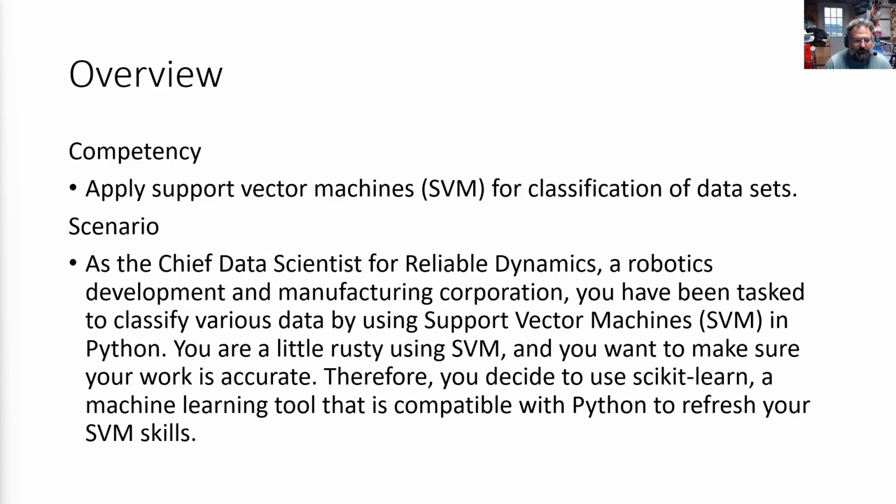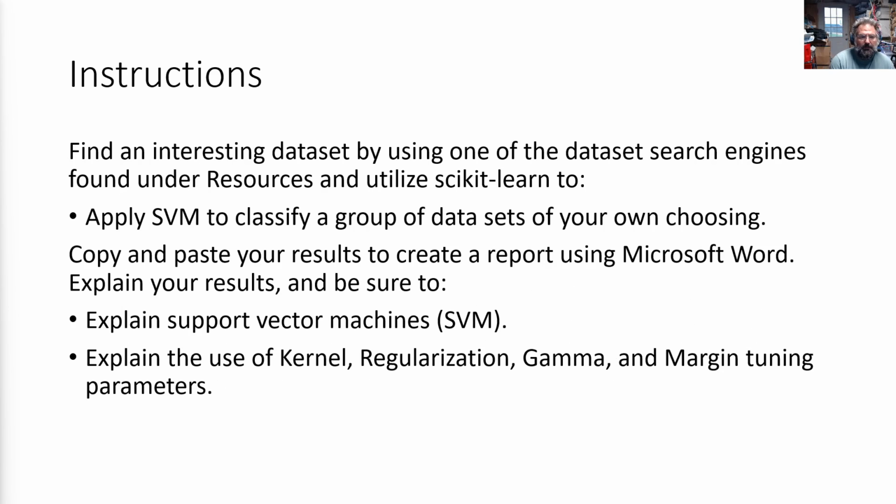You've been tasked to classify various data using support vector machines in Python. You are a little rusty using SVM, and you want to make sure your work is accurate. Therefore, you decide to use the scikit-learn library. A machine learning library tool is compatible with Python to refresh your SVM skills.